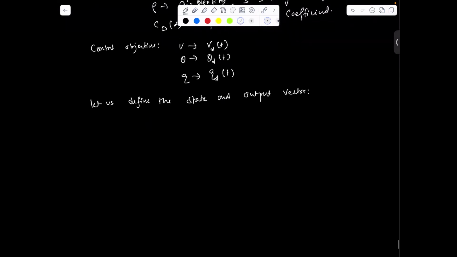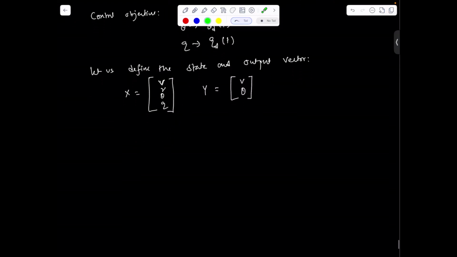So we define X as the state, which is V, gamma, theta, and Q. These are the states in the system to be controlled, and the output vector we define by V and theta. These are the variables coming from the system, and these states are going to be used to design the control.